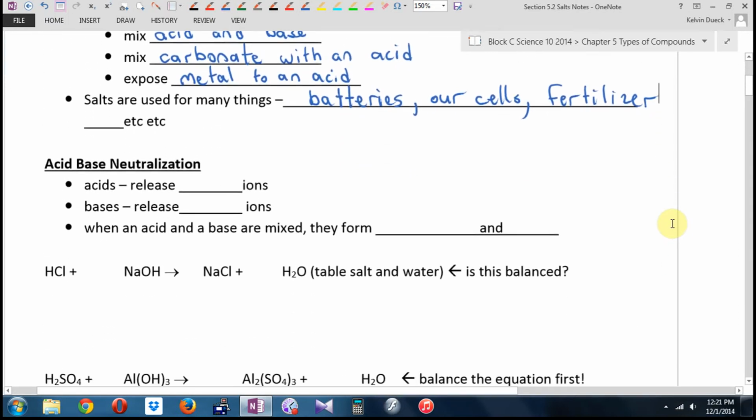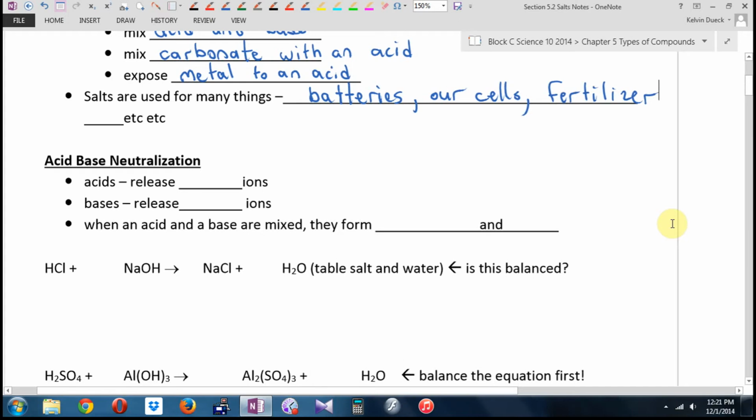So the first type of reaction we're going to talk about, and this is going to be our phrase for a while, is what we call an acid-base neutralization. Now let's see if we can decode that word. What's the first word there? Acid. Okay, so there's going to be a compound that starts with an H, or the weird one. What's the second word there?